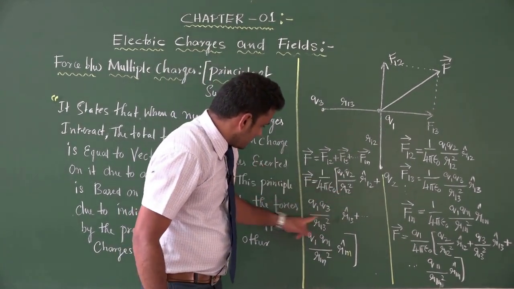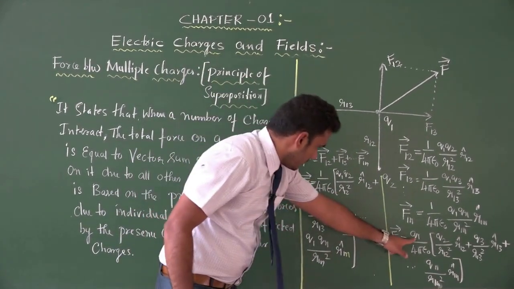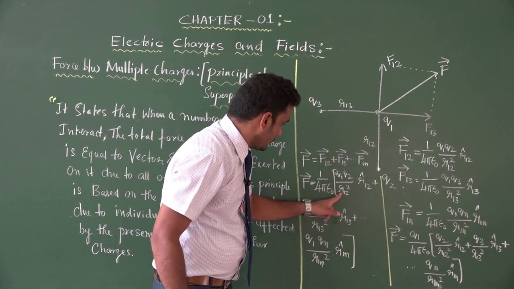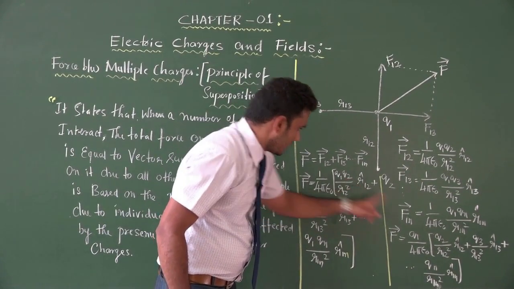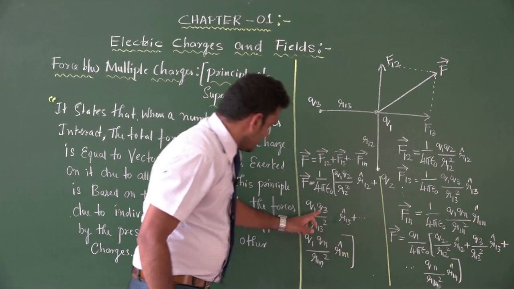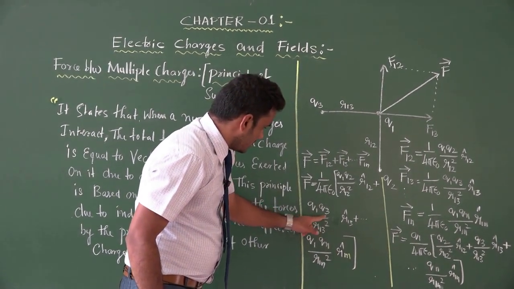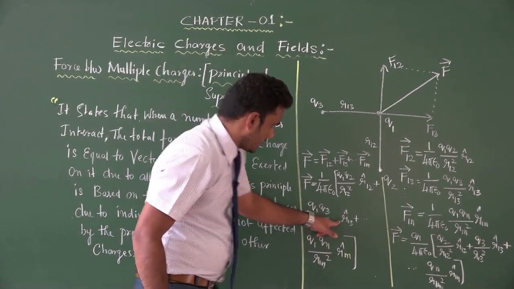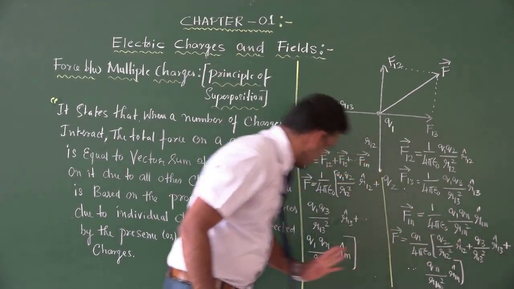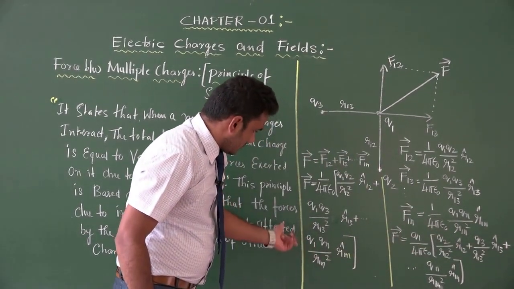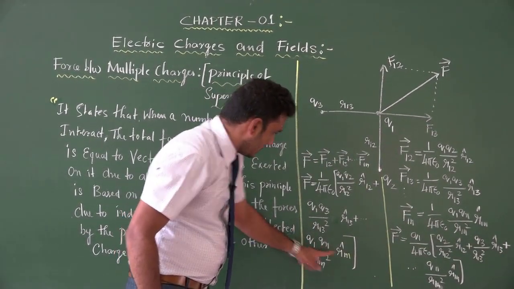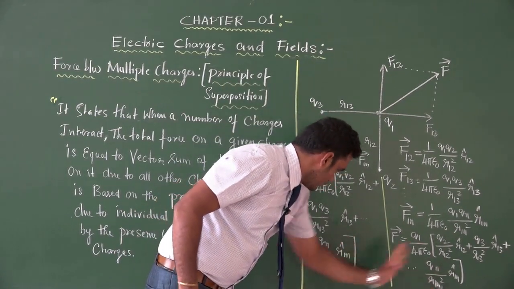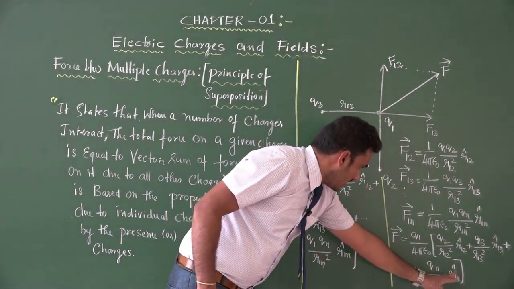Look at this equation. Q1 I have taken common. The remaining is Q2 divided by R12 whole square R cap 12, Q3 divided by R13 whole square R cap 13, plus the remaining Qn divided by R1n whole square into R1n cap.